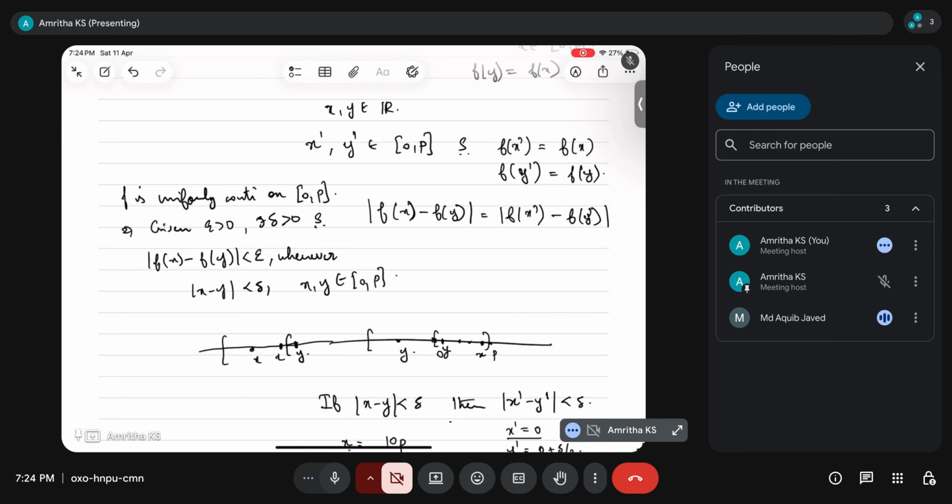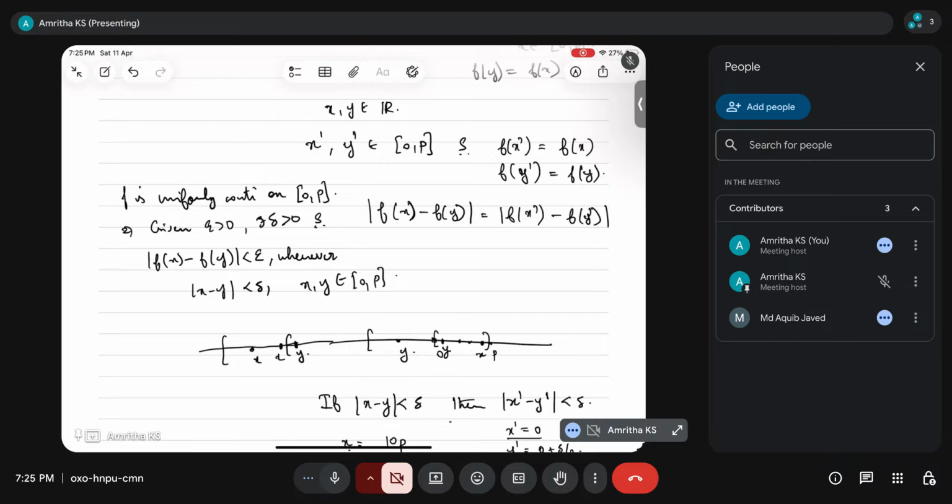The period is p, so f(x plus p) equals f(x).